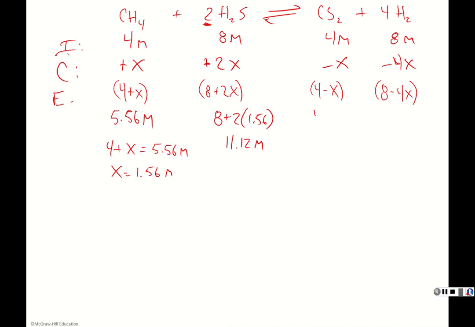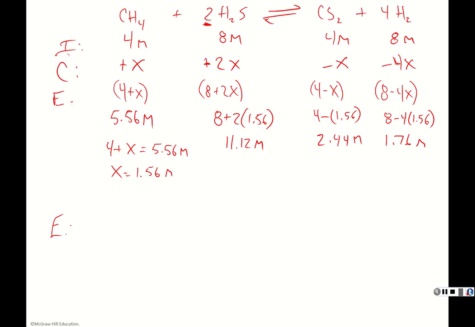CS2 will be 4 minus 1.56, which would be 2.44. And finally, H2 is going to be 8 minus 4 times 1.56. And that will be 1.76 molar. Okay. So those would be our concentrations at equilibrium.